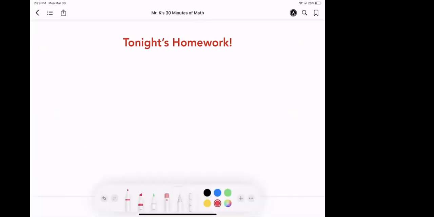I would like you to use 1236, and I want you to compose it in 3 different ways. I'm gonna do one, and then I'd like to see if you could come up with 3 other ways to do it.